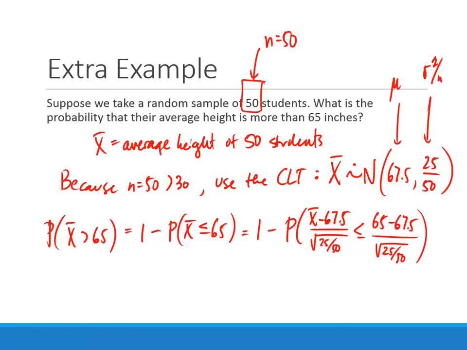Okay, so I'm just using the same strategy, and now because x bar has a normal distribution, this thing over here is going to be approximately distributed as a normal 0, 1. So that's going to be approximately a z here. So it's 1 minus the probability that a z is less than or equal to negative 3.54.